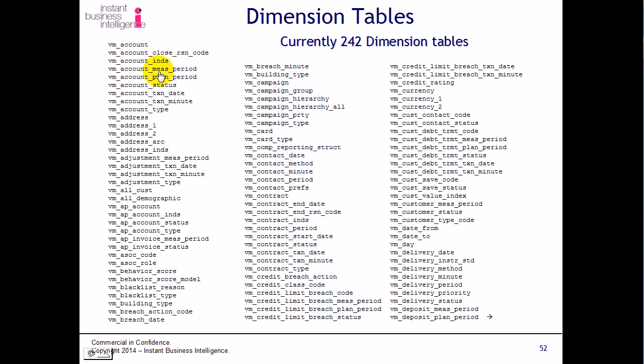Now what I'll do is I'll skip over all the measures, the periods, dates, minutes type tables, because they're all fairly obvious. You have an account type, you have an address. We have address 1, 2 when we're relating addresses. We have an address archive, we have address indicators, which indicate things like flooding or earthquake risk and things like that. We have adjustment measures, period.